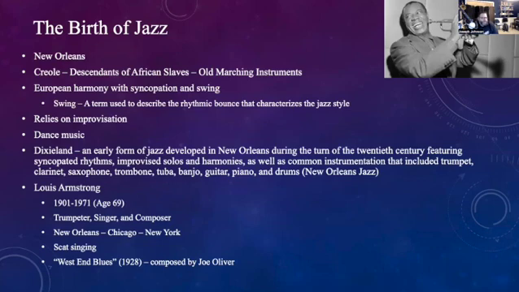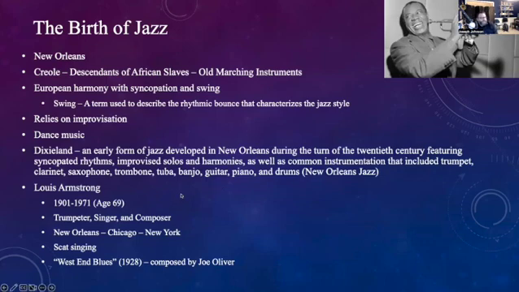It features all the things we talked about: the syncopated rhythms, the improvised solos, the blues form with those types of harmonies, and then the instrumentation, coming from the old marching bands. You've got trumpet, clarinet, saxophone, trombone, tuba, banjos, guitar, piano, and drums. In the Dixieland bands, you had the marching drums, but eventually that would turn into the drum set.